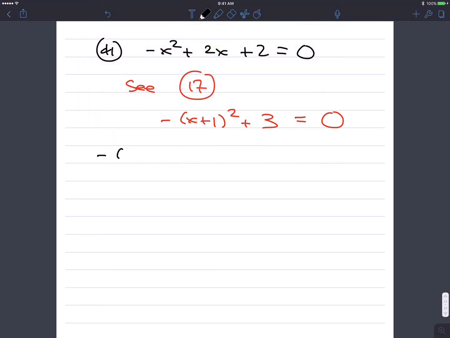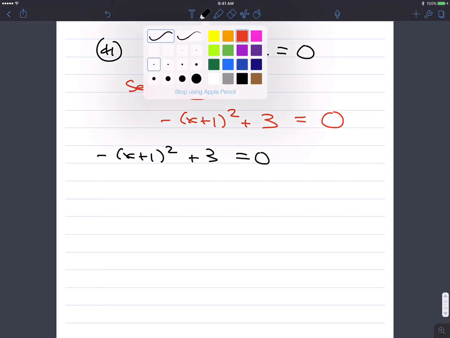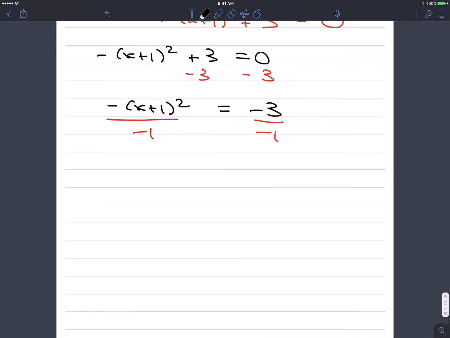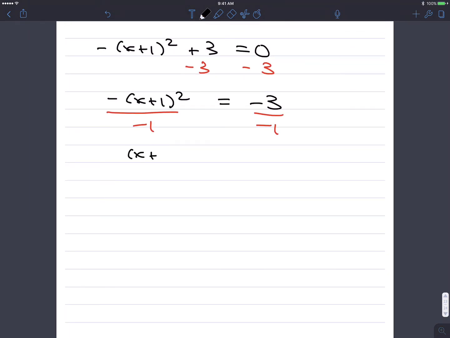So we're going to solve this by using the square root formula. Okay? So now let's solve this. Subtract 3 from both sides. We get negative x plus 1 squared is negative 3. Divide both sides by negative 1. And you end up with x plus 1 squared is positive 3. Apply the square root formula.